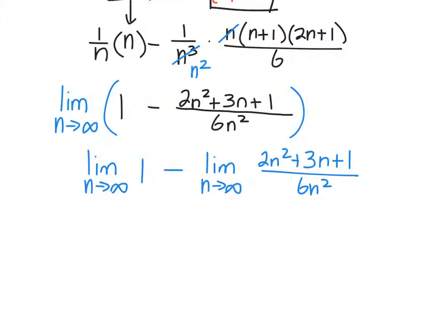Limit of a constant is equal to a constant. Two over 6, which would be what? 1/3. And so as a result, we would get 2/3.